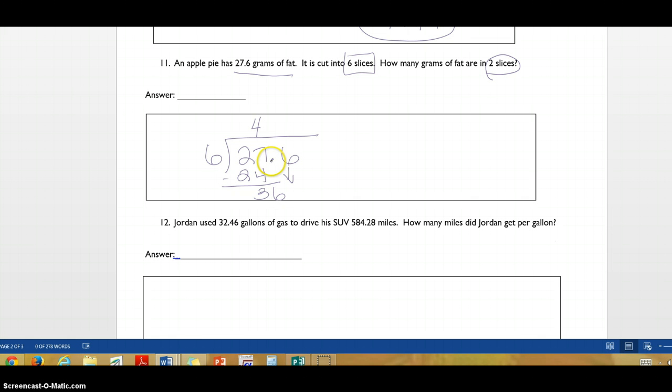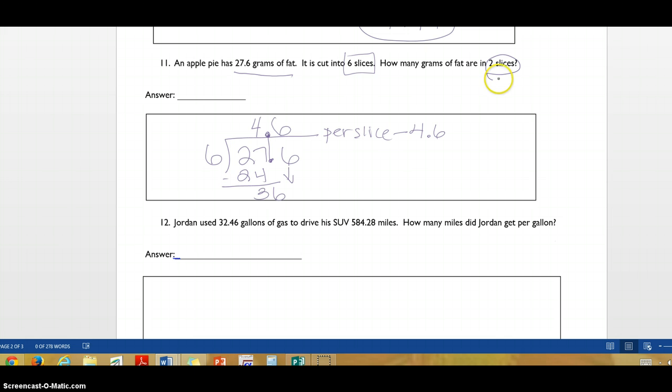Now our decimal place right here, we have to bring that up at decimal point so we know where it should be in our quotient, which is the answer after we have divided. Now we're seeing how many times 6 goes into 36, which is just 6 times. So now we know that per slice, there's 4.6 grams of fat.